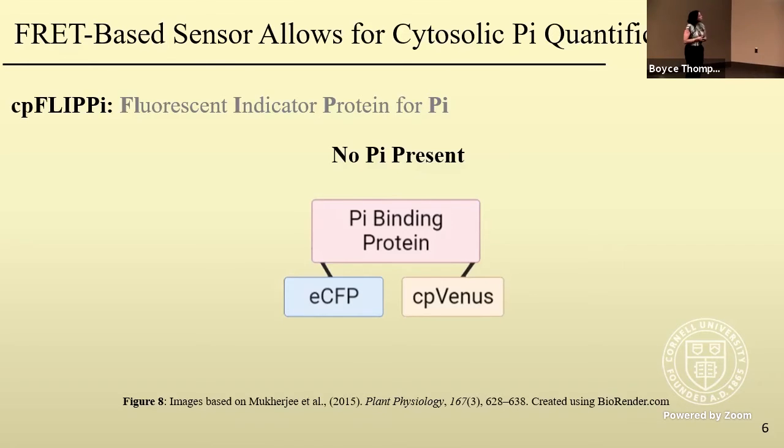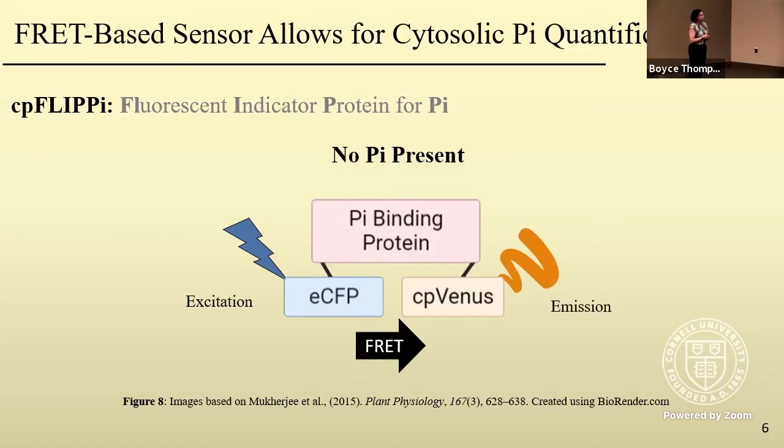So how the sensor works is you have a phosphate binding protein attached to two fluorophores. When no phosphate is present, the two fluorophores are in proximity to each other. So when you go to measure, you excite one of the fluorophores, then through fluorescence resonance energy transfer, you get a transfer of energy between the two, and you get emission by the fluorophore that was not excited, but had energy transferred to it.